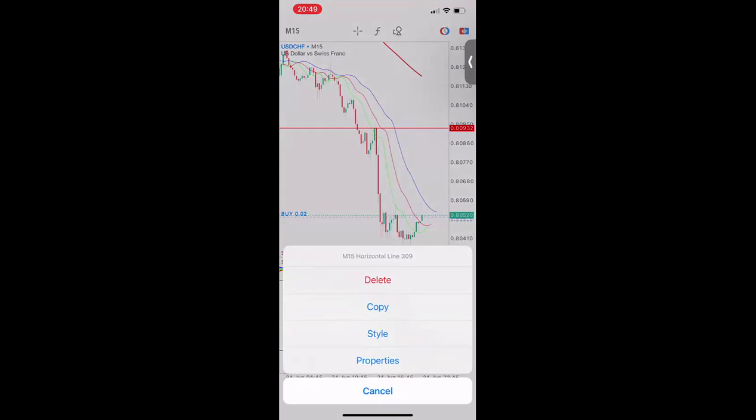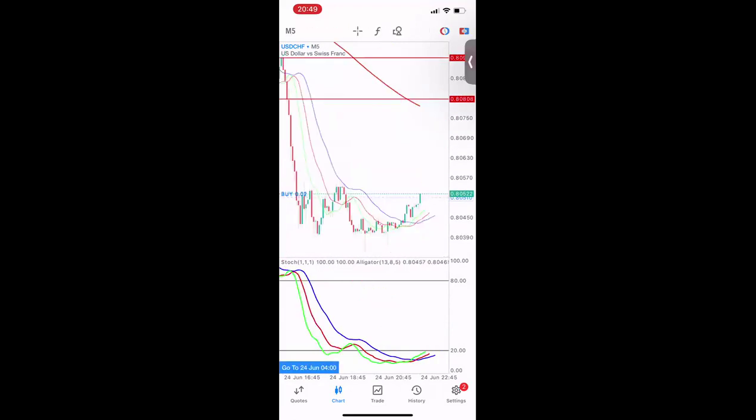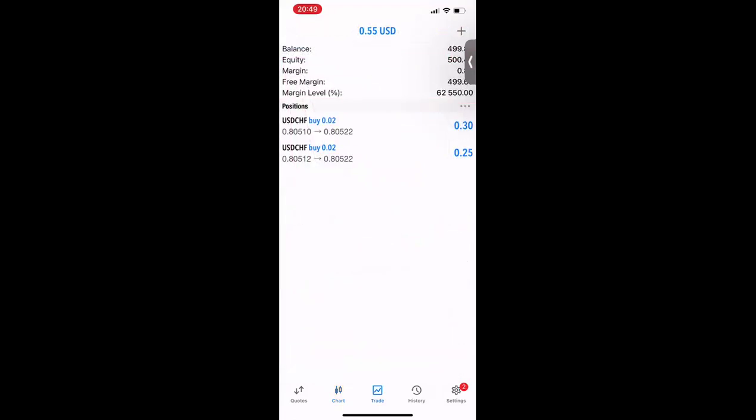Let's duplicate this one, copy, paste somewhere here. But the strength of this movement can only happen when the DXY is going to have its own journey, if the DXY is going to be trending.